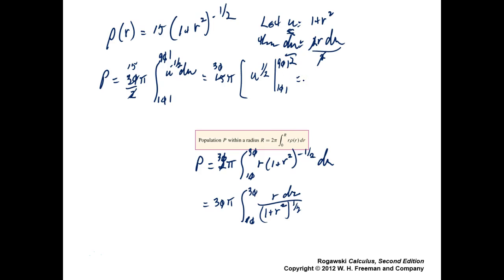I'm not sure this is going to come out to be such a pretty number, but guess what? You've got calculators, don't you? So this is going to be 30 pi times the square root of 901 minus the square root of 101.